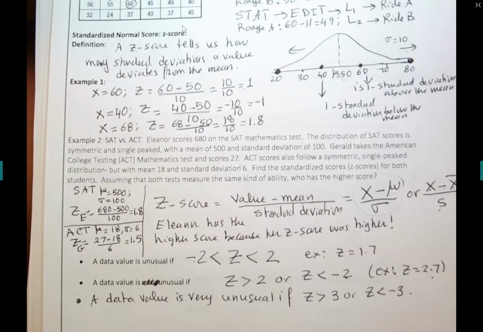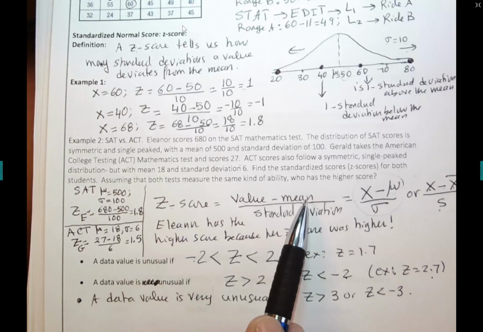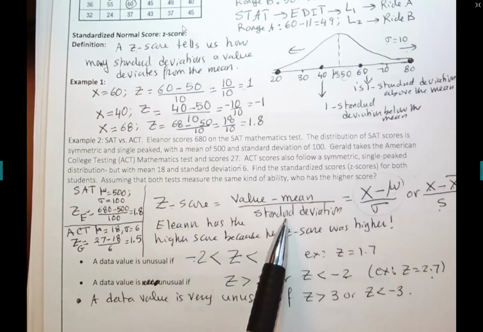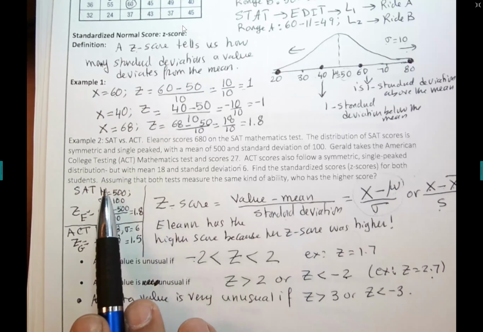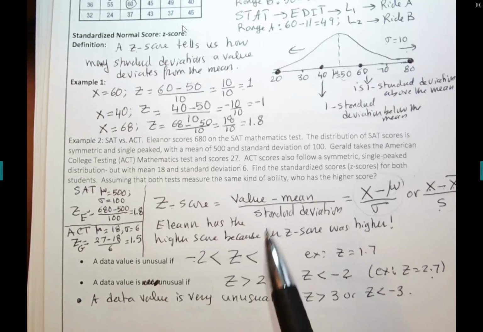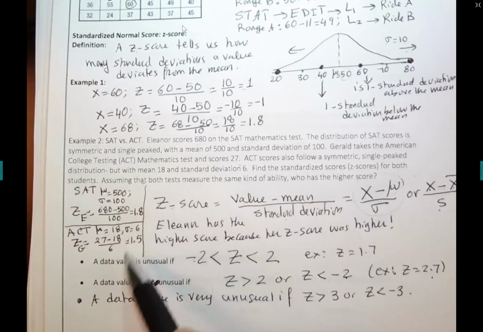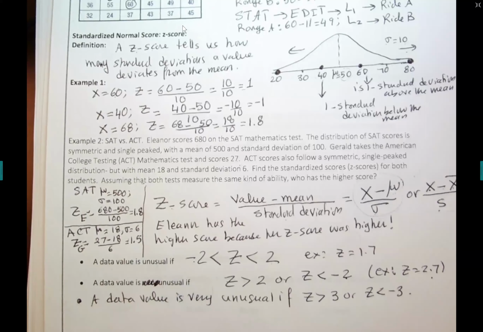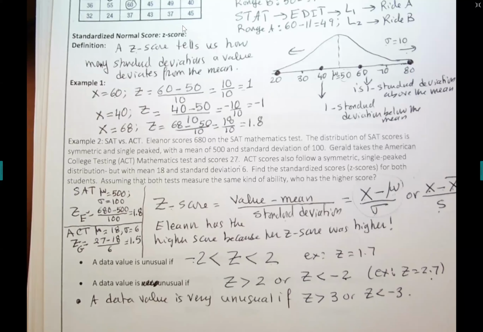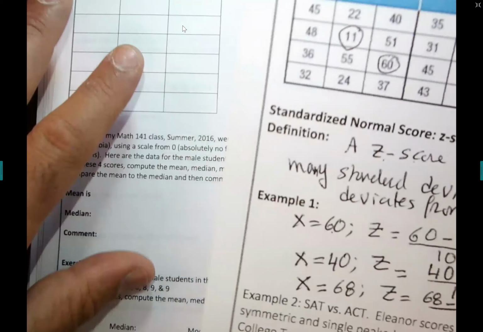We'll be using them a lot, so I want you to practice it quite a bit. This is the formula. The Z-score is the actual value minus the mean divided by the standard deviation. When you convert values to Z-scores, you can compare them, because prior to that, you can't, because they're two different things, SAT and ACT. So that concludes everything that you need to know in this chapter.